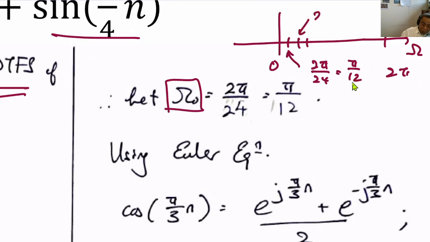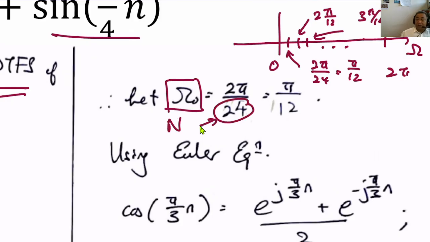So the second one is 2 pi over 12, and the third one is 3 pi over 12, until the last one, of course, we are going to be at 2 pi. That's the idea. So omega naught is the digital angular frequency, and this is the capital N that we are interested in, the period of this common sinusoid.